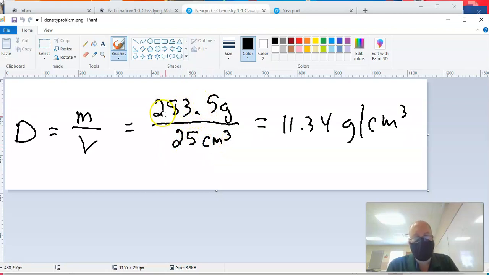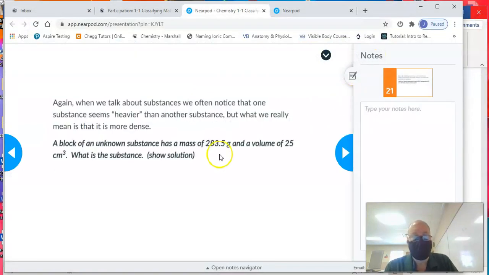All we need to do is divide these two numbers, and I get that the density of this substance was 11.34 grams per cubic centimeter. So I can go online and ask, hey Siri, what substance has a density of 11.34 grams per cubic centimeter? It will tell you that that is lead. So the solution here is lead.